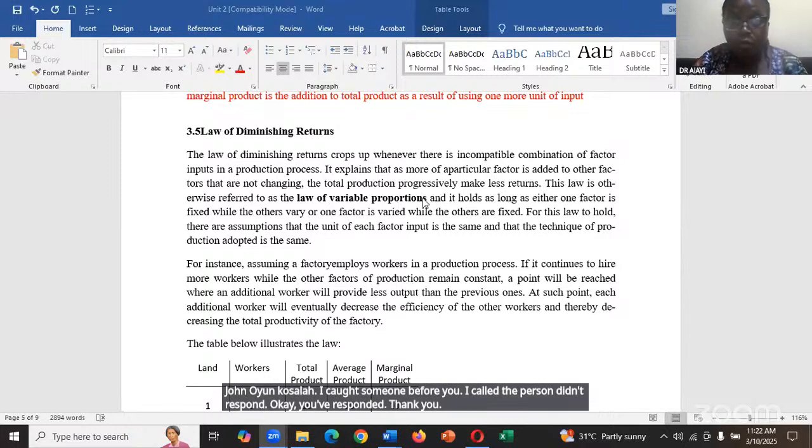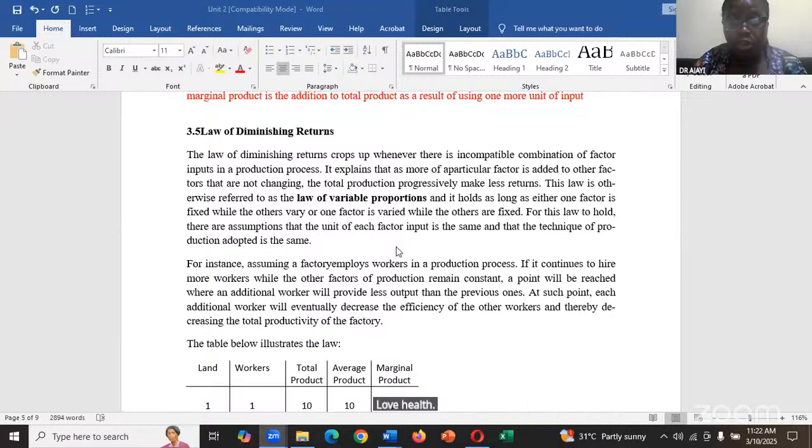Law of diminishing returns. Can you see my screen? Can you please read out what we have on the screen? I've asked you to unmute, so you are talking now. That means she's not seeing my screen.